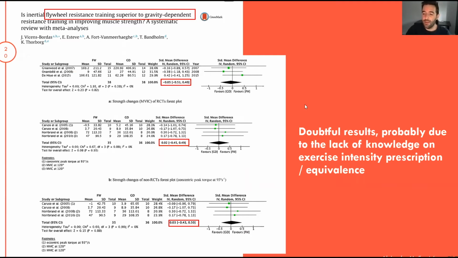Probably this is due to the lack of knowledge on exercise intensity prescription or the equivalence used to compare the loads among both devices. Because we know that on a concrete manufacturer's bench press, 80 kilos is the same as on the other one, but we don't know the equivalence between 80 kilos and any given moment of inertia to really compare the effects.